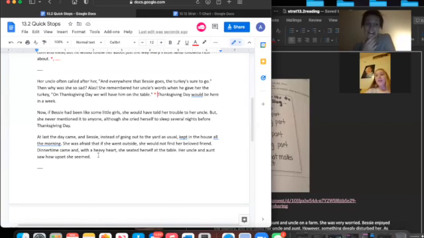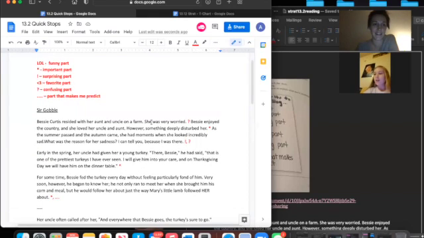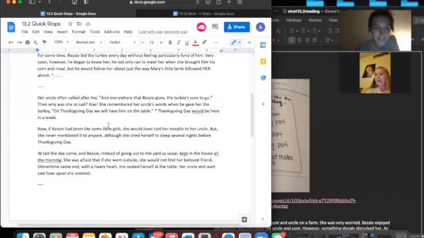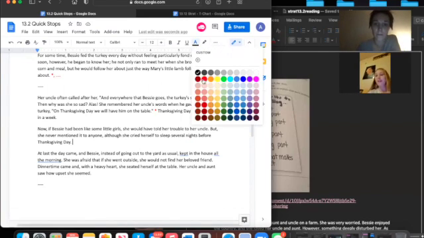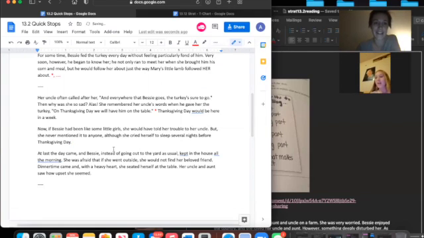What would you mark in any of those two paragraphs that you just read? Although she cried herself to sleep several nights before Thanksgiving Day. Maybe. Let me see. I know it's kind of hard with screen sharing.